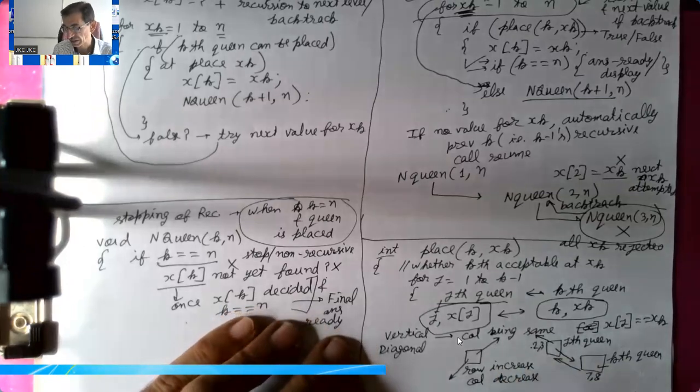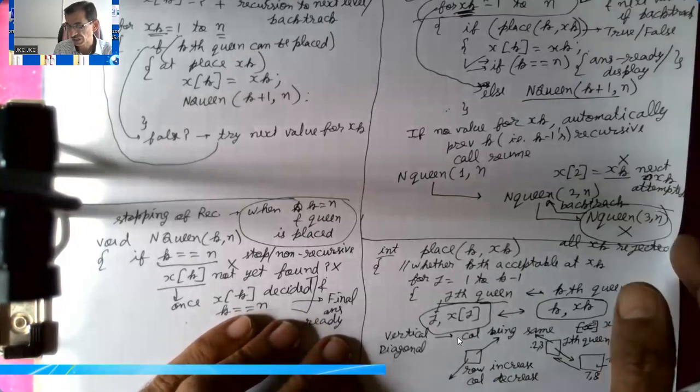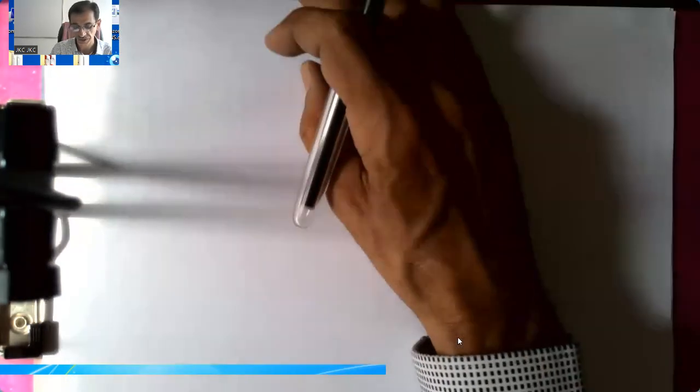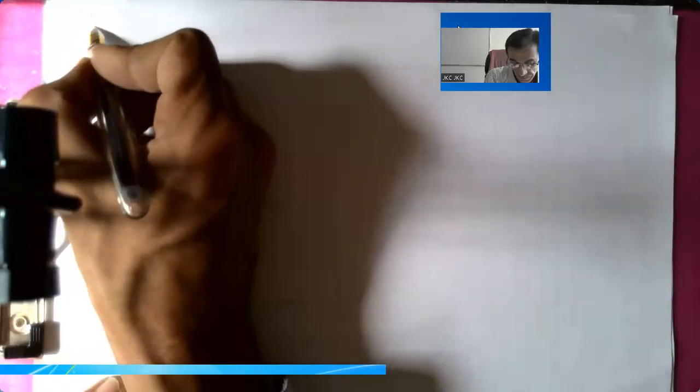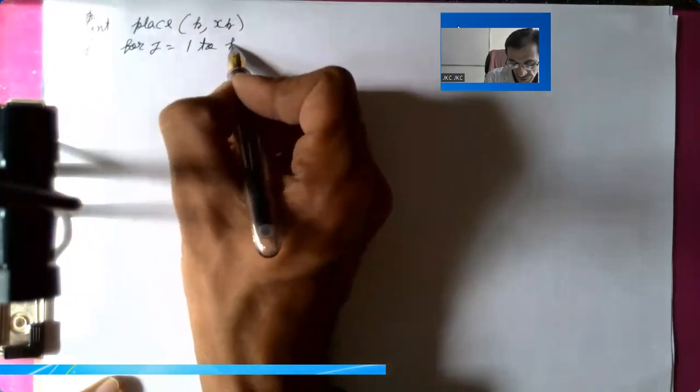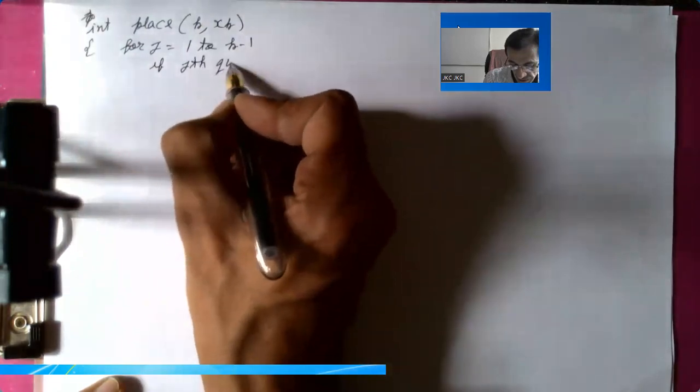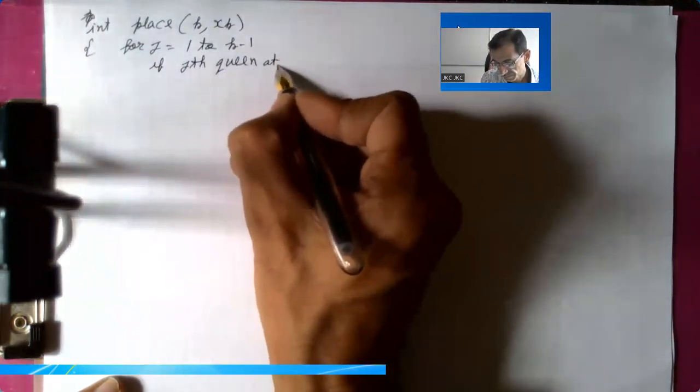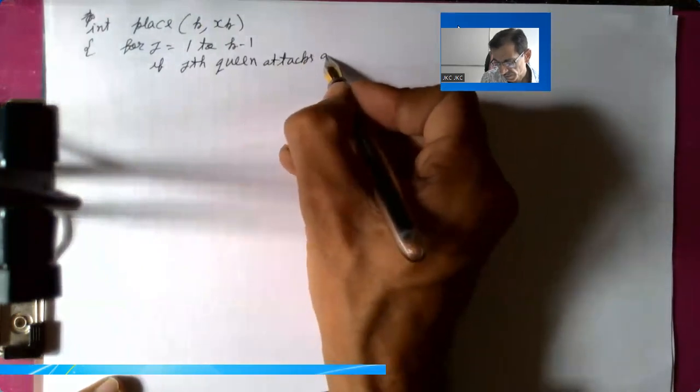So here you have to find some logic and think about what the possibility should be. If I have to implement my place logic, I'll say int place, the logic I am talking about, with k and xk being attempted, and I will say for j equal to 1 to k minus 1, if the jth queen attacks queen k, then what to do?